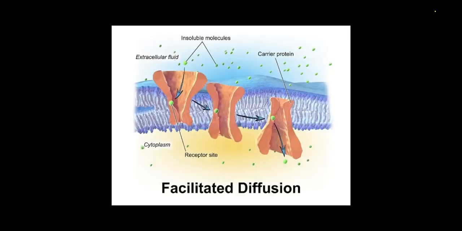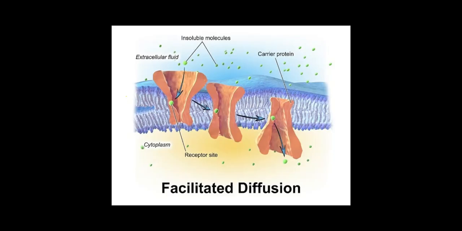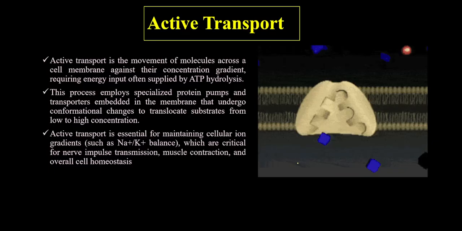Okay, then this is a channel protein. Sorry, this is a carrier protein. So these substrate molecules bind to the specific sites. Then there is the intermediate stage, and then there is a conformational change in the carrier protein and it will translocate this molecule inside the cell.